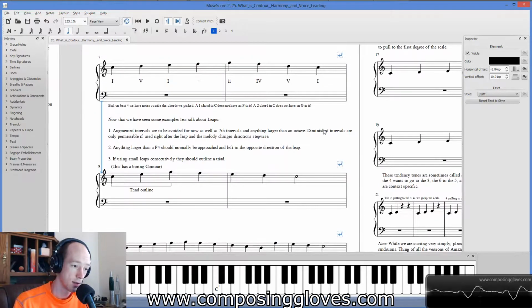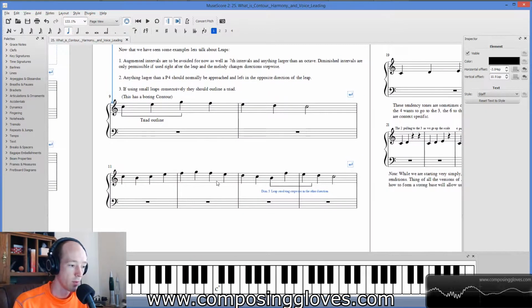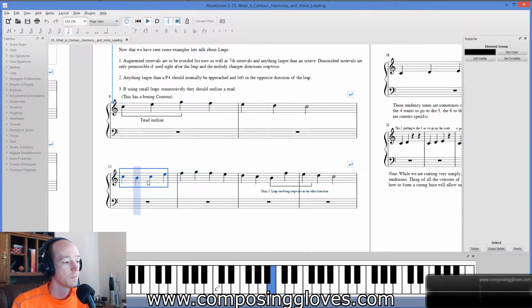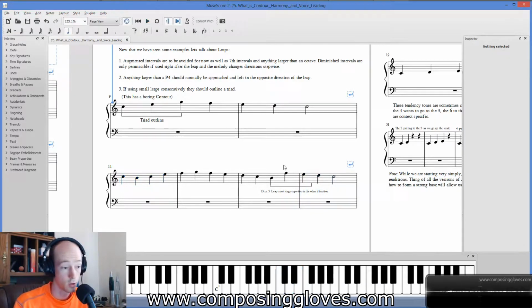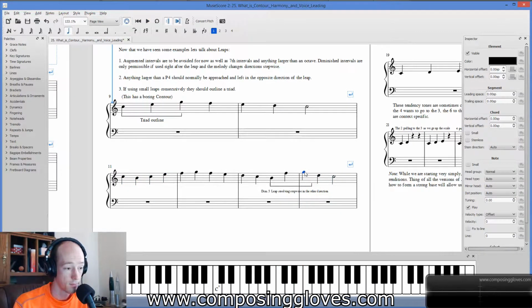So this is the case up here. So when we get there, pay attention to that. So you see that leap was totally cool. What if we kept going up? Whatever, let's do a small leap there.